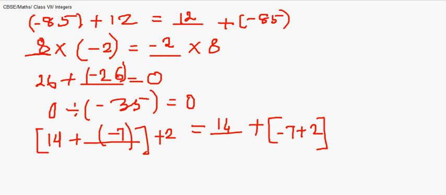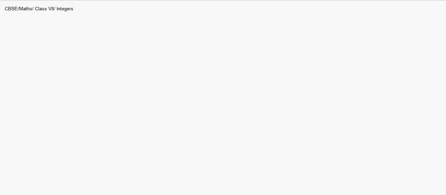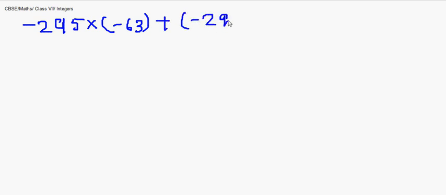Now we are asked to solve the following, applying the properties of integers. The first one, let me write down, is minus 295 multiplied by minus 63 plus minus 295 multiplied to 33.